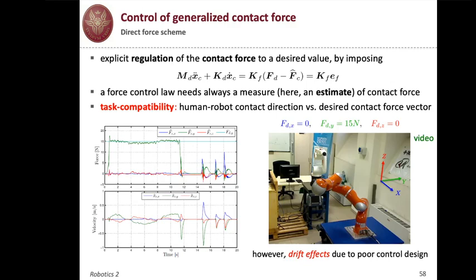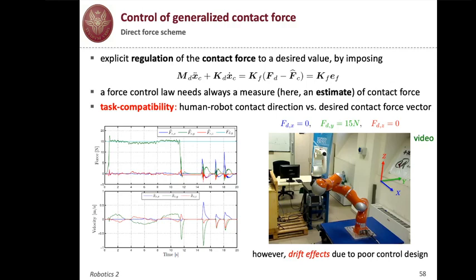So you have a problem of task incompatibility. It's like in the hybrid force velocity control, you're trying to regulate a force in a direction where there is nothing that opposes this force, or no reaction by the human. And this is why the robot accelerates in that direction, giving this drift effect, which may be also very difficult.